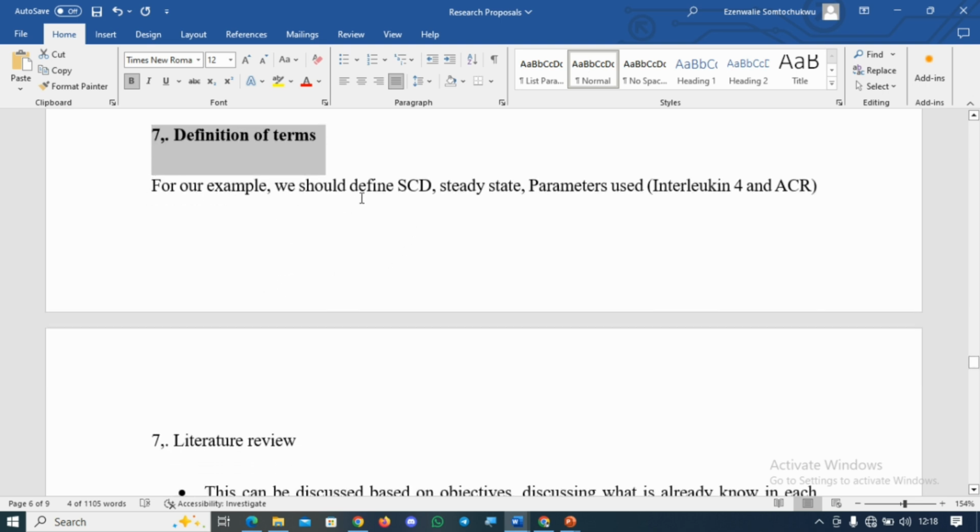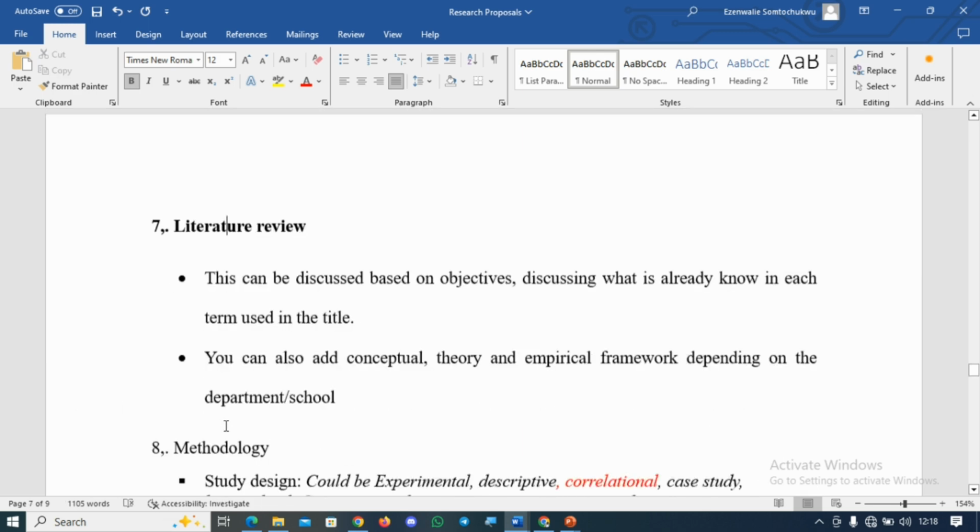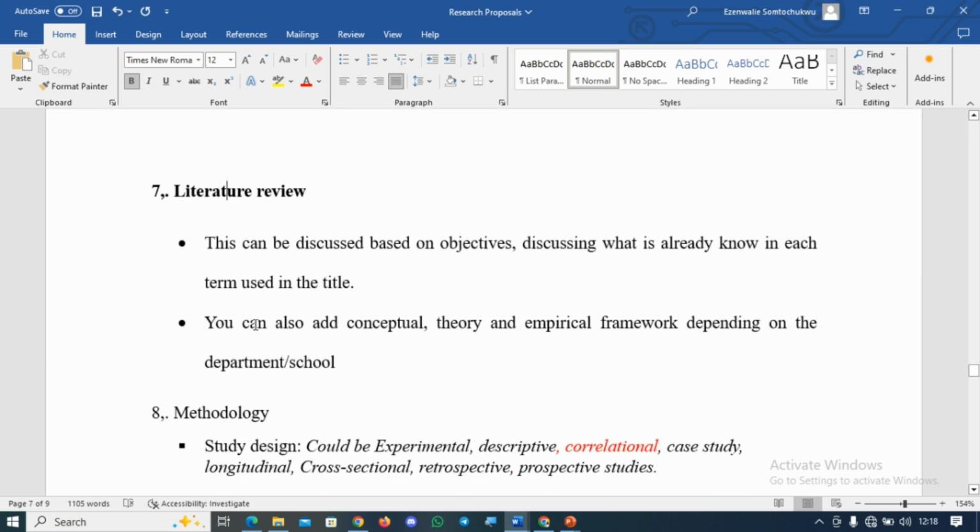Once you're done with that, the next step should be your literature review, which is a separate chapter on its own. This is where you discuss based on your objectives, and also discuss what is already known in the key terms in your research. You are practically trying to break the topic down into understandable terms.